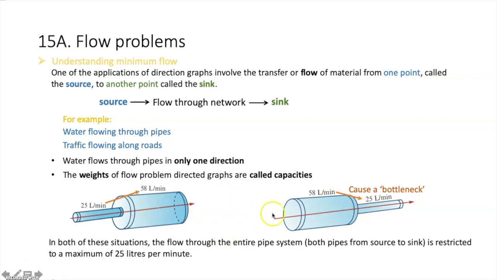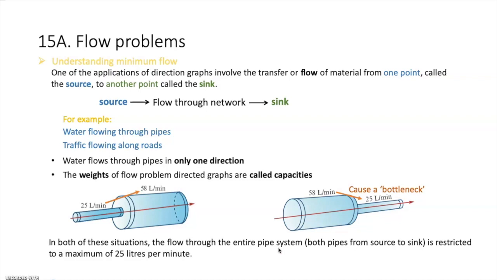So in both of these situations, even though the two pipes are joined in different ways, the capacity in both systems is restricted to a maximum of 25 liters per minute.